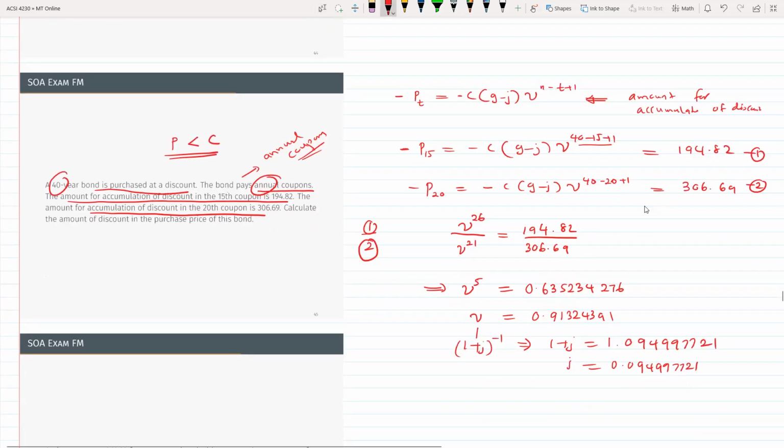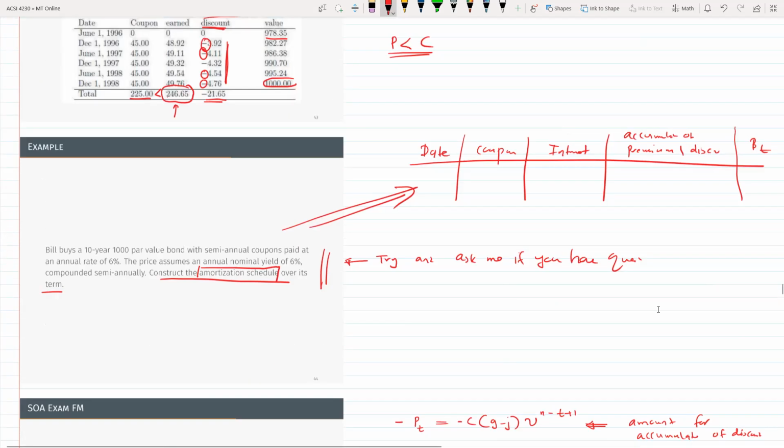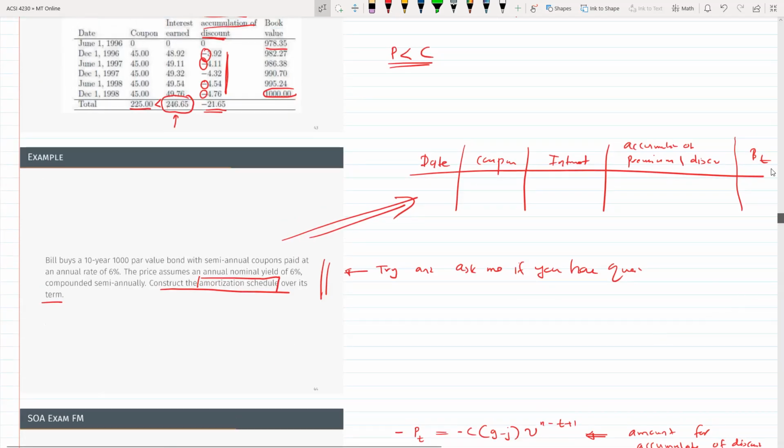Okay, so calculate the amount of discount in the purchase price of this bond. So in the purchase price, okay. So we use the premium discount formula, and then that one says what? P minus C equals C times G minus J A N J. Okay, that is the premium discount formula.